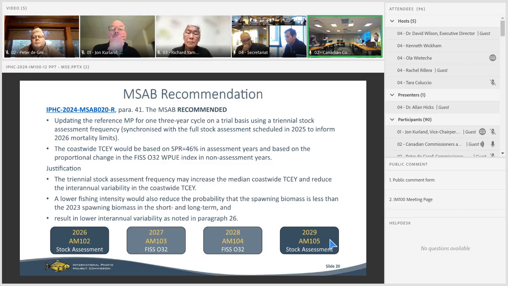I'm assuming that if we were to make proportional adjustments in response to the FIS results in the intervening years, maybe I'll ask a question: would we be able to estimate what that would equate to as FSPR without a stock assessment? Yeah, we would really need a stock assessment to do that, just to have the data incorporated properly and then do the calculations appropriately. Okay, thank you. That clarifies.